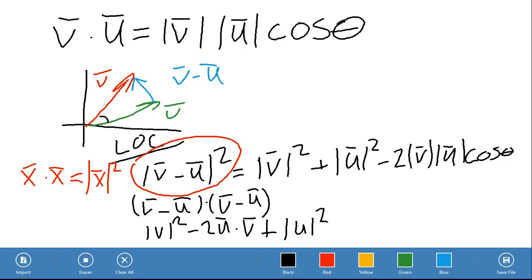Alright, let me rewrite this all for you, and then we can cancel some terms, and it'll be pretty simple, as a matter of fact. So, here we go.